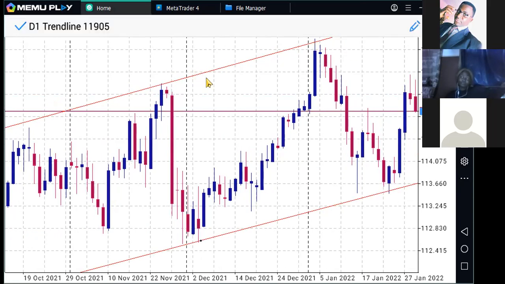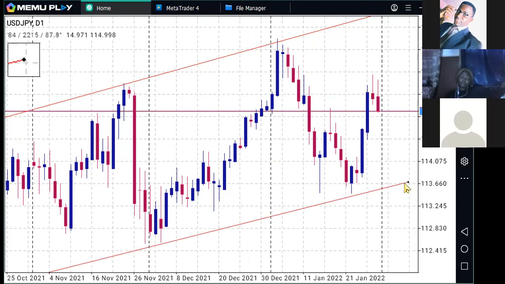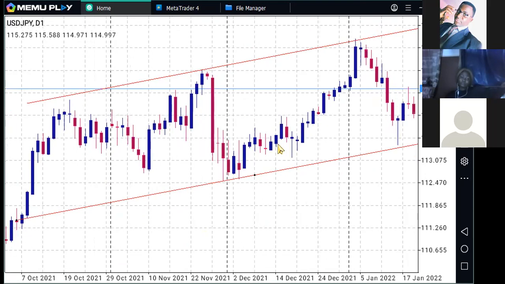So we can see this is selling. It didn't touch this trend line this time around, but it started selling from there. On this USD JPY, I'm using the daily time frame to do this trend line work.